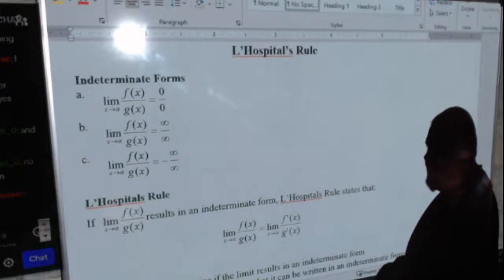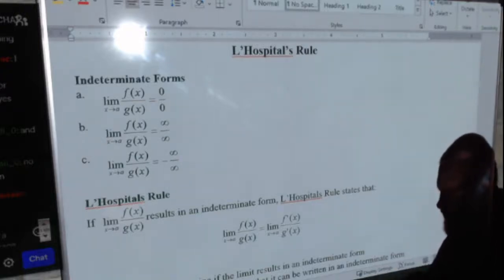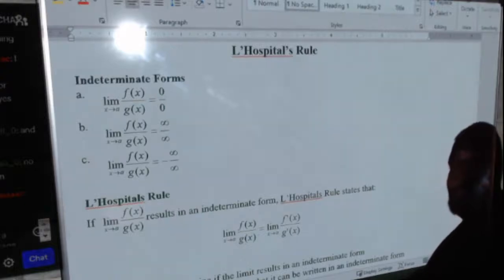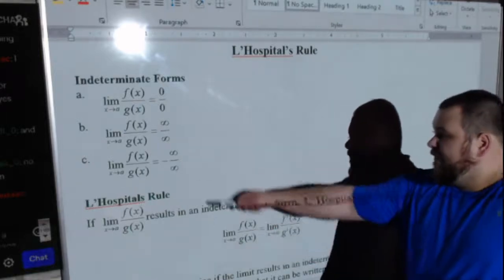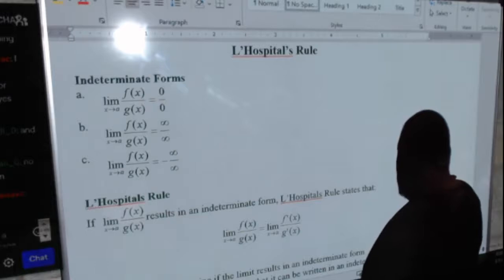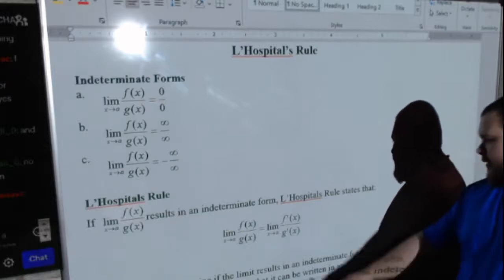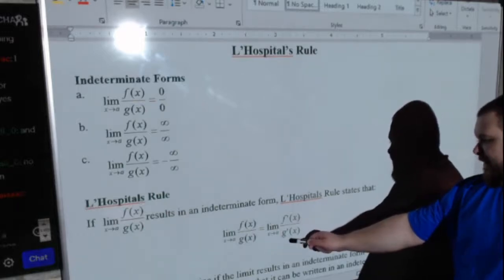And the idea, and we have to suspend what we've done so far in terms of taking derivatives, is that if we evaluate a limit and we get any of these three forms, then we better go ahead and take the derivative of the top and the derivative of the bottom.